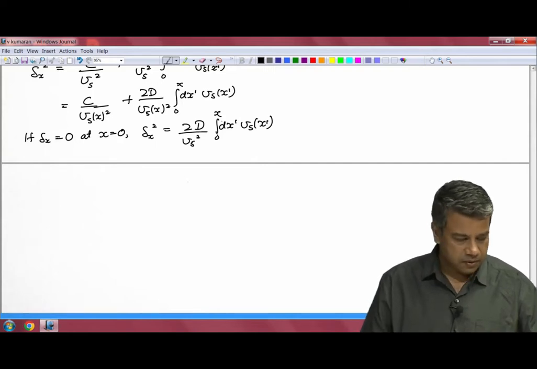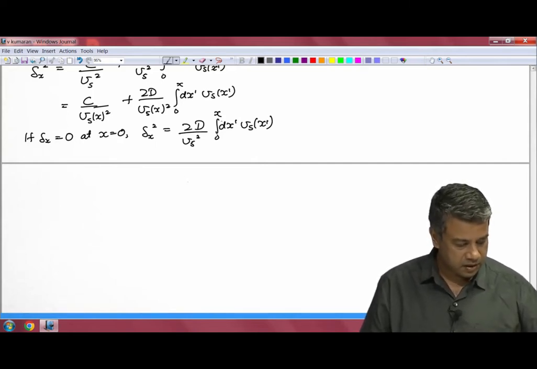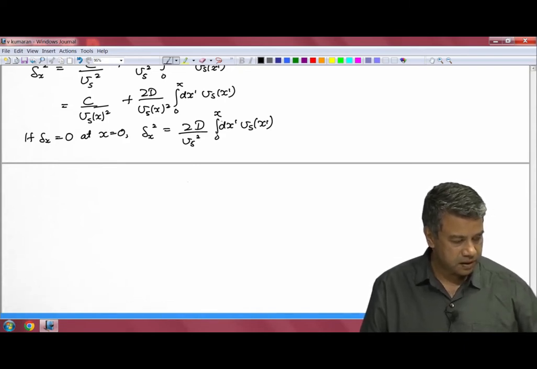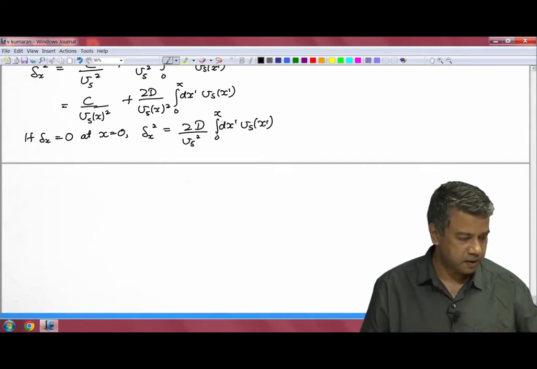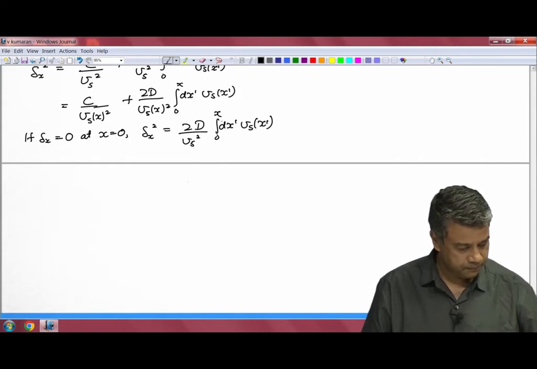So, let us take an example: the boundary layer flow in an extensional flow of a polymer filament which is being cooled. The configuration is as follows.